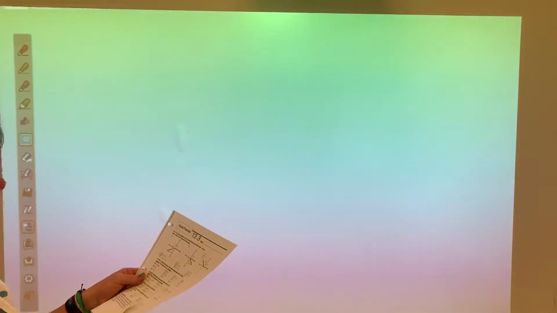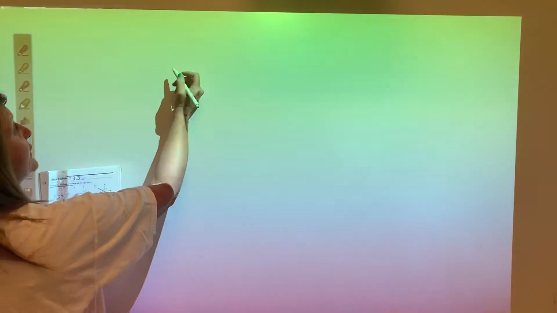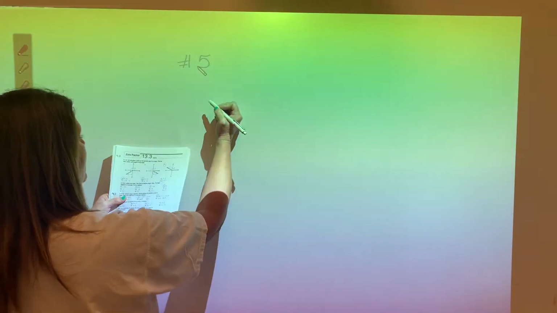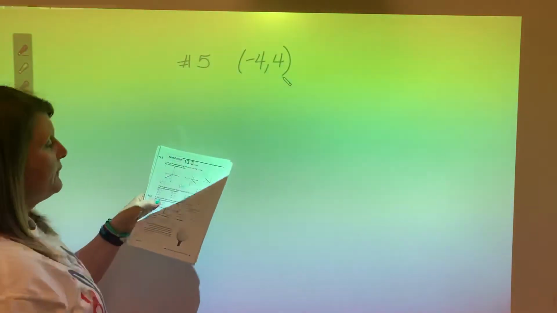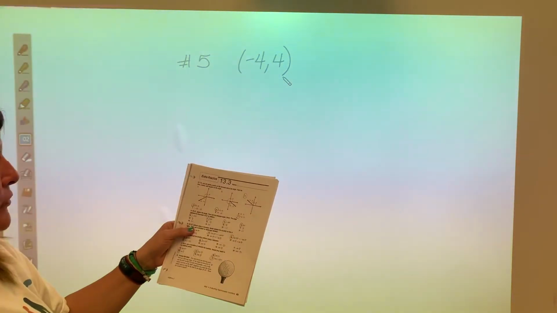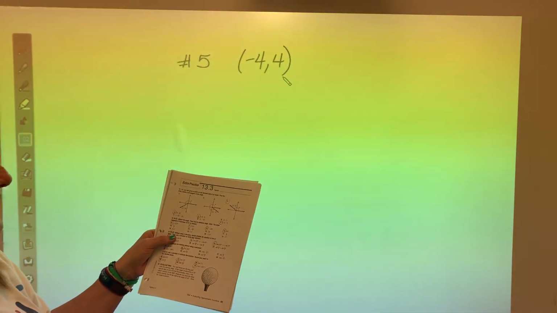There's going to be another problem that you have in your homework, and I'm going to do problem number 5 in your homework. And the directions say you are given a point on the terminal side of an angle. Find the sine, cosine, and tangent of an angle.